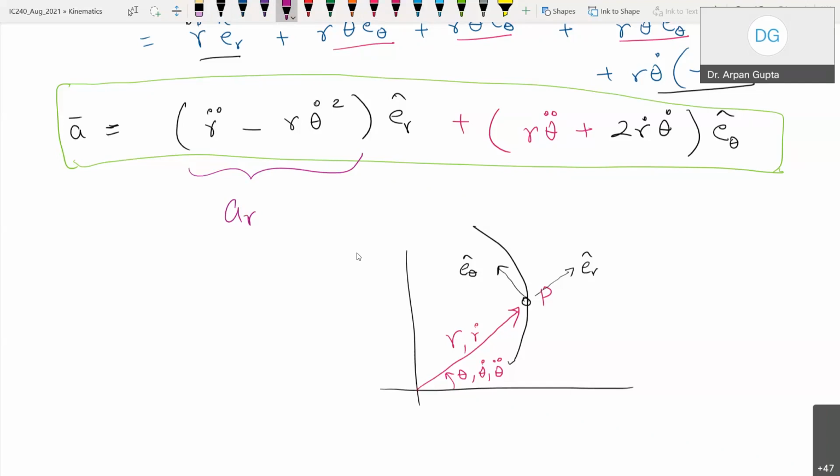So these together added. So if this is the particle and I'm observing it from point O here, this is the radial direction A r, and the acceleration here is r double dot minus r theta dot square.